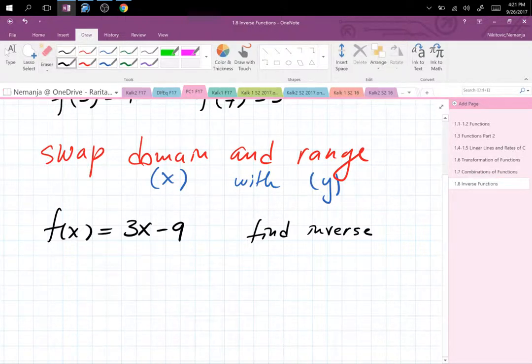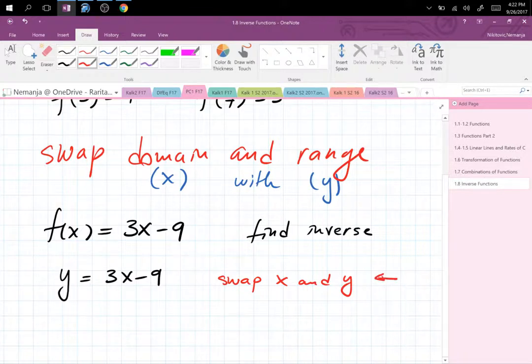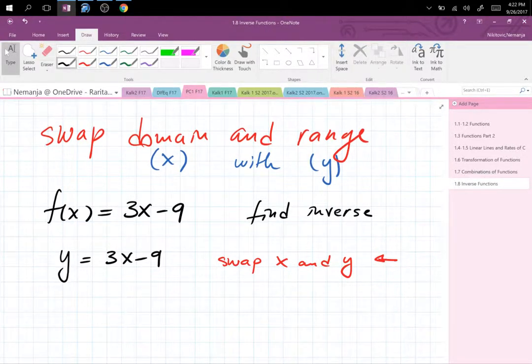You are to swap x and y, and then you will follow the algebra. So you will write this as y equals 3x minus 9. We know f of x is y. And here comes the swap. This is that key step where you are changing this into the inverse.